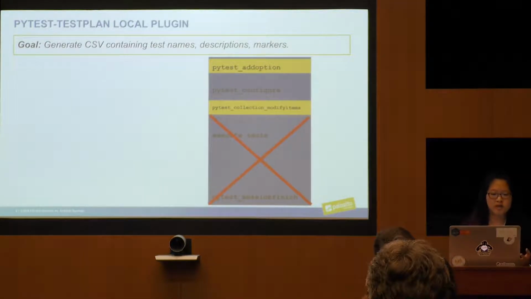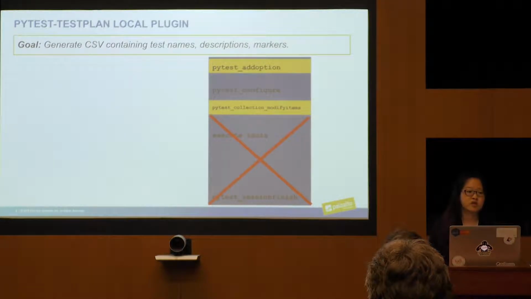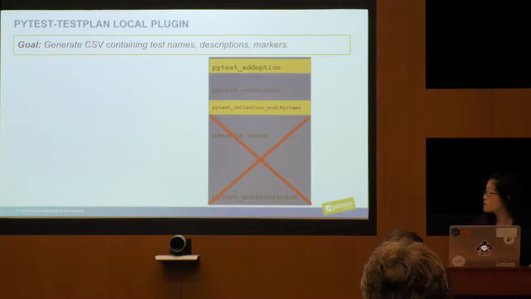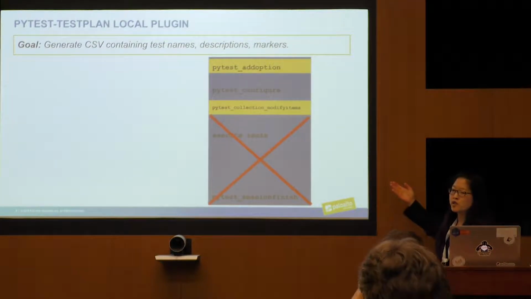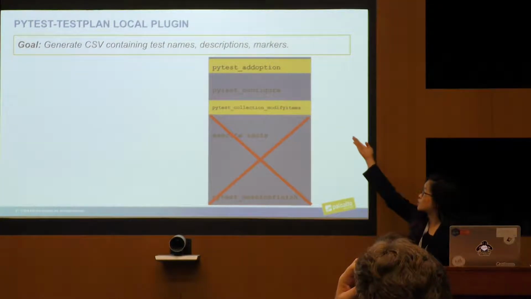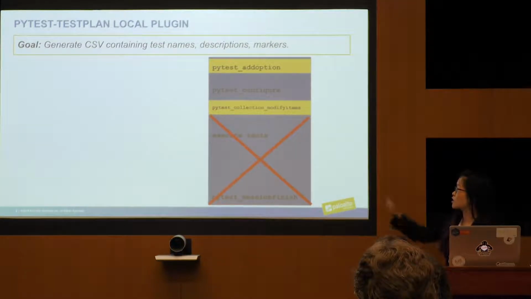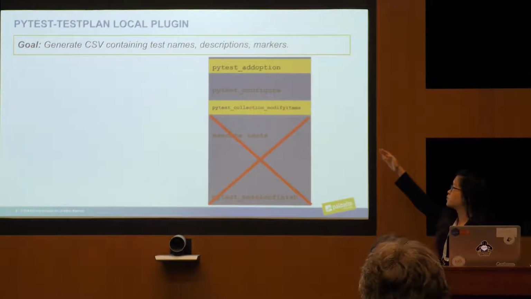We're going to call this pytest-testplan. And this plugin will allow us to generate a CSV with all the test names, the descriptions, and the markers, and then exit. So back to this mental model that I described earlier, we'll implement the pytest_addoption hook function. We're not going to do anything with pytest_configure.